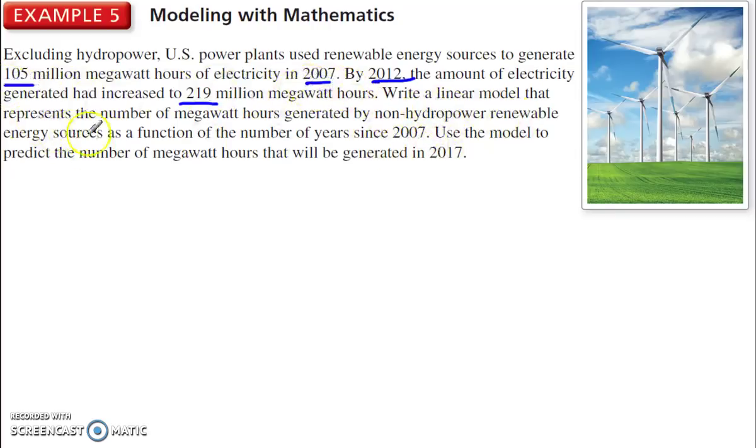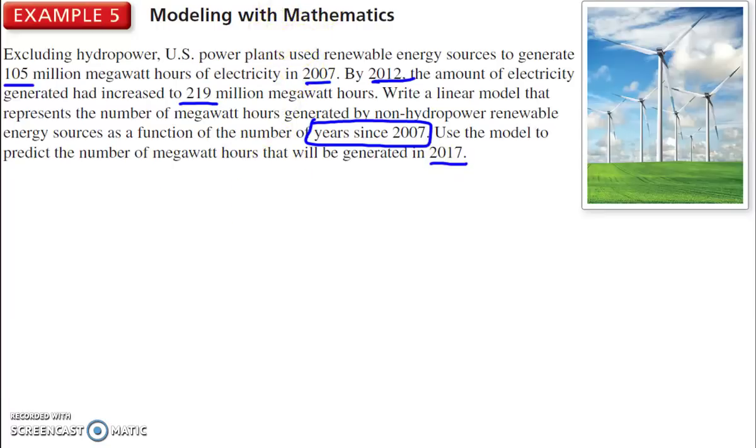Write a linear model that represents the number of megawatt hours generated by non-hydropower renewable energy sources as a function of the number of years since 2007. Okay, there's a lot of fluff information here. We need to weed out and see what's the important information. Use the model to predict the number of megawatt hours that will be generated in 2017.